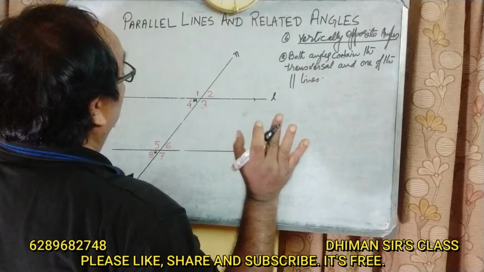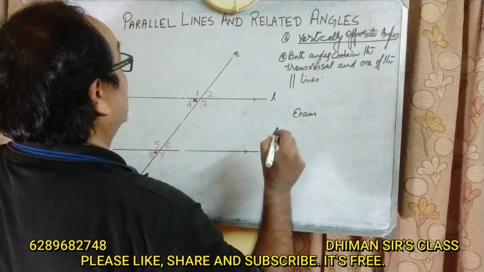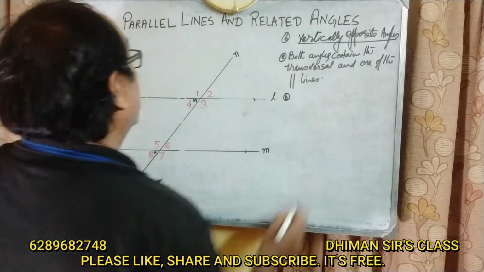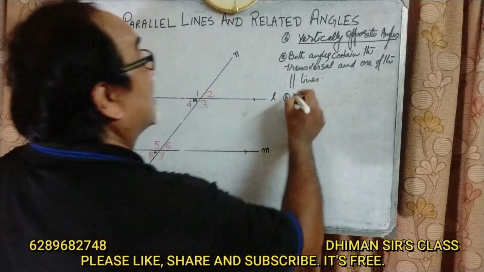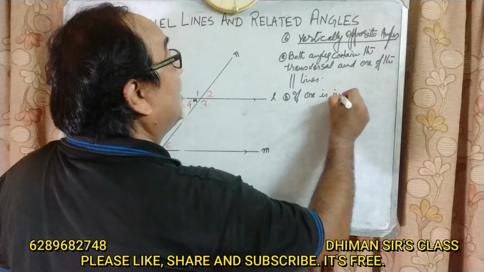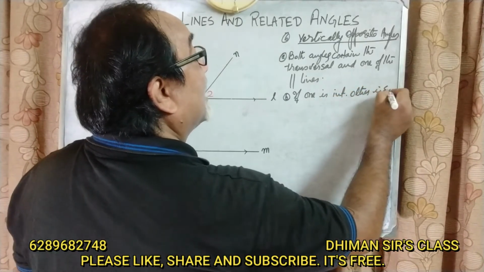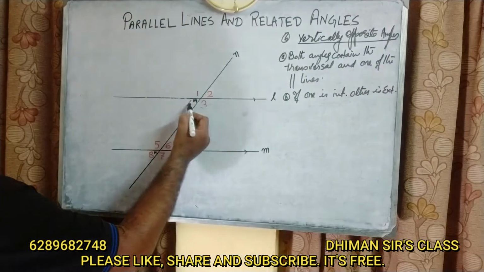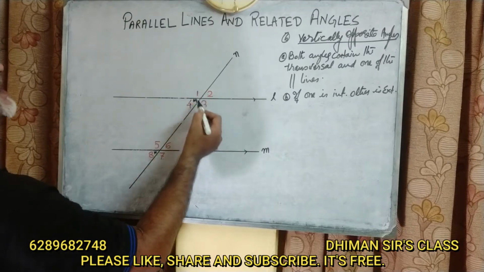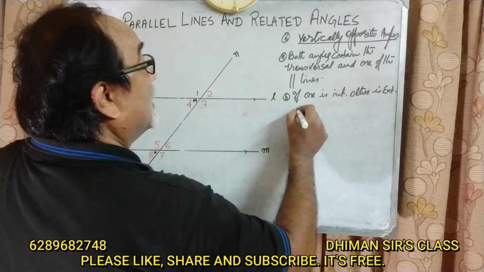One more property you can write down: if one is interior, the other is exterior. See, 2 and 4: 2 exterior, 4 interior. 3 and 1: 1 exterior, 3 interior. Okay, students? Like this.